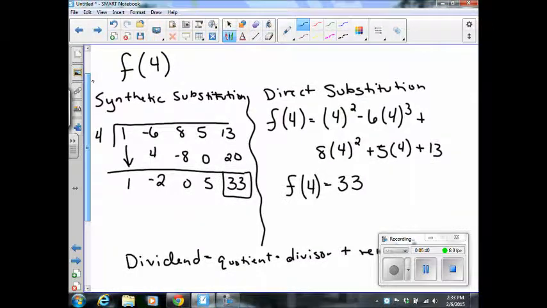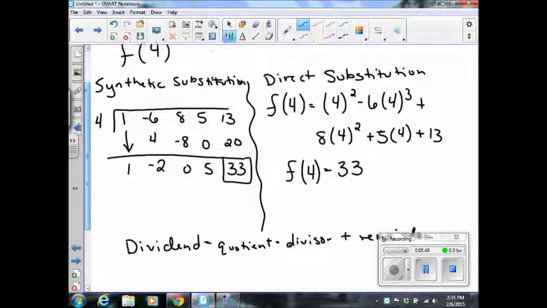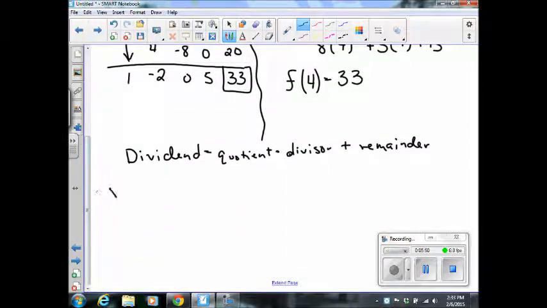My dividend, that's all the way at the top: x to the fourth minus 6x cubed plus 8x squared plus 5x plus 13, equals, well, what's my quotient?